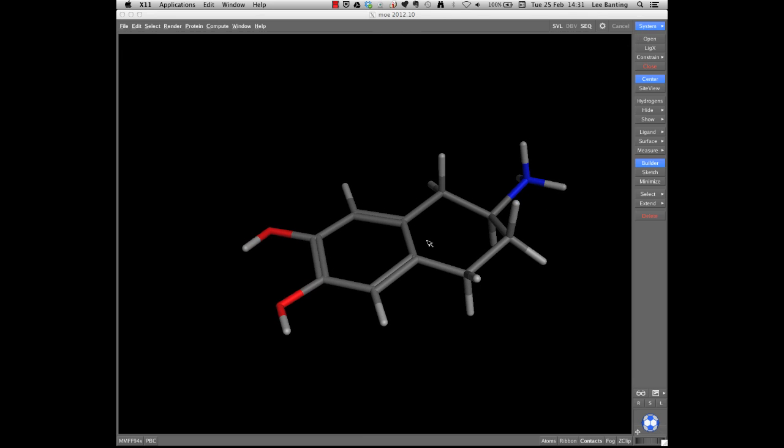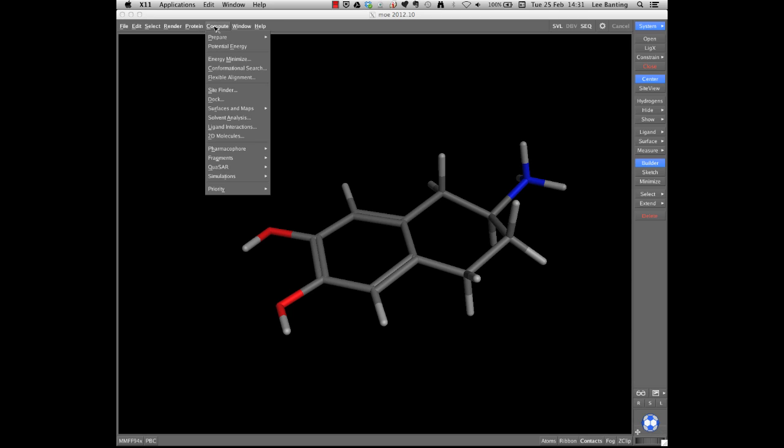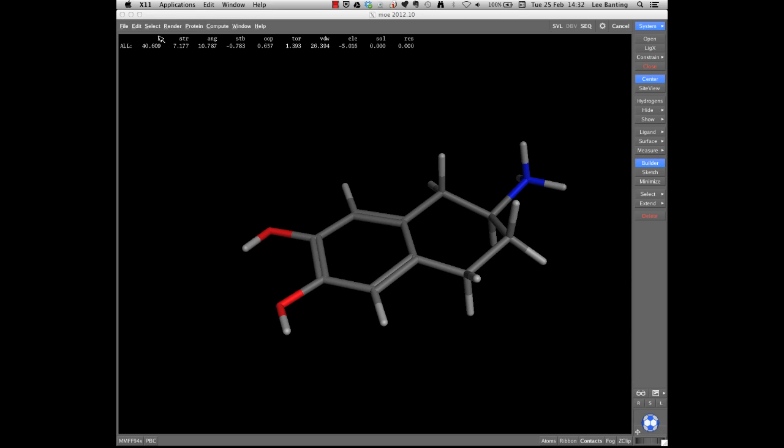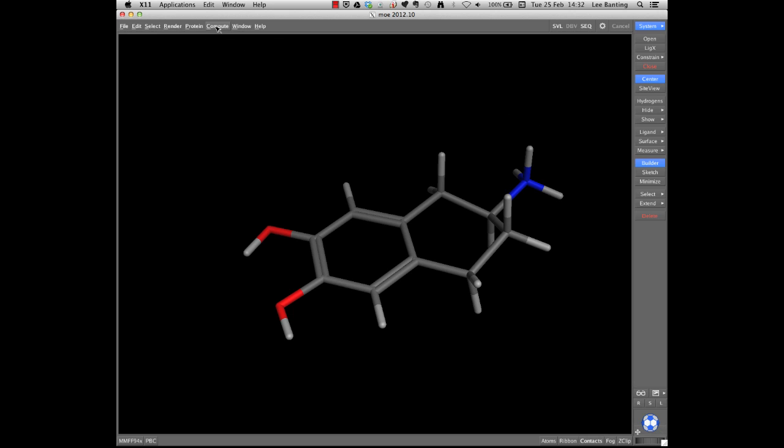We're going to cancel the dynamics now, and that molecule is now actually warmed up a little. Look what happens if I do a potential energy on it. You can see that it's raised to 40. If I minimize the structure and then recalculate the energy, you see it's dropped back down to 23.